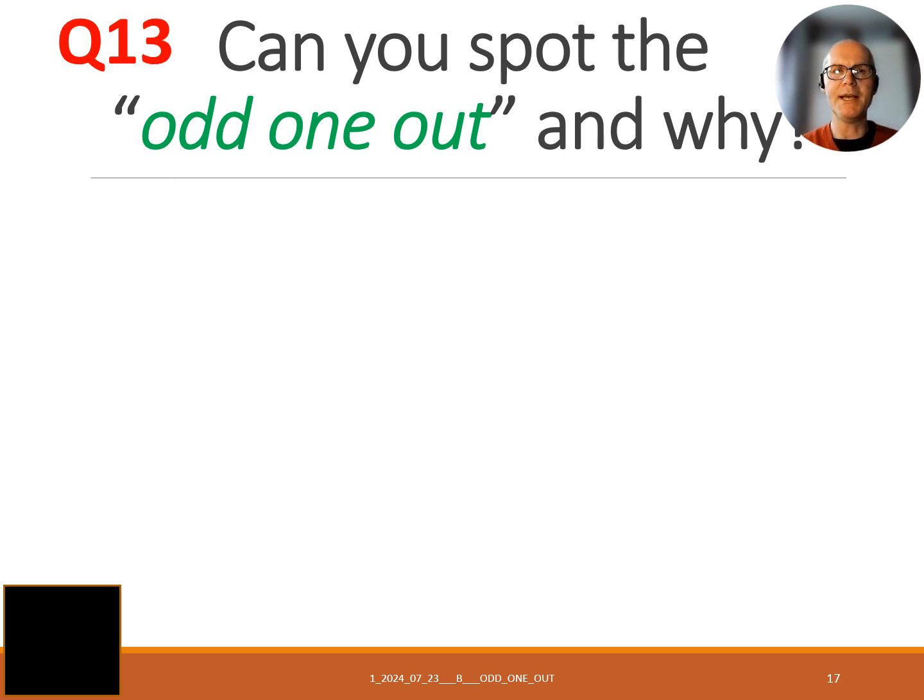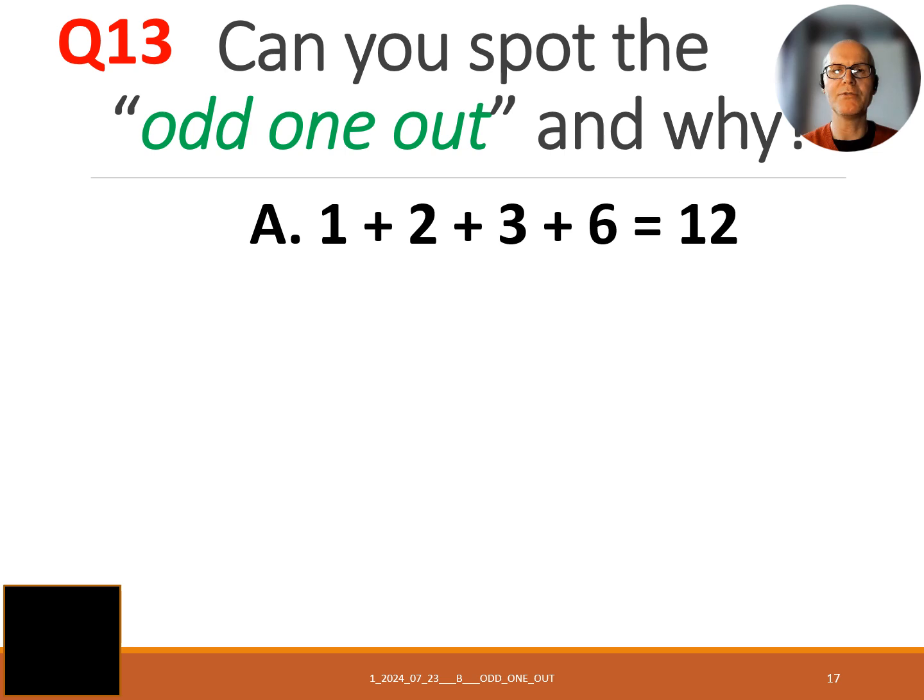Let's have question 13 now. A. 1 plus 2 plus 3 plus 6 equals 12. B. 2 plus 2 times 5 equals 12.